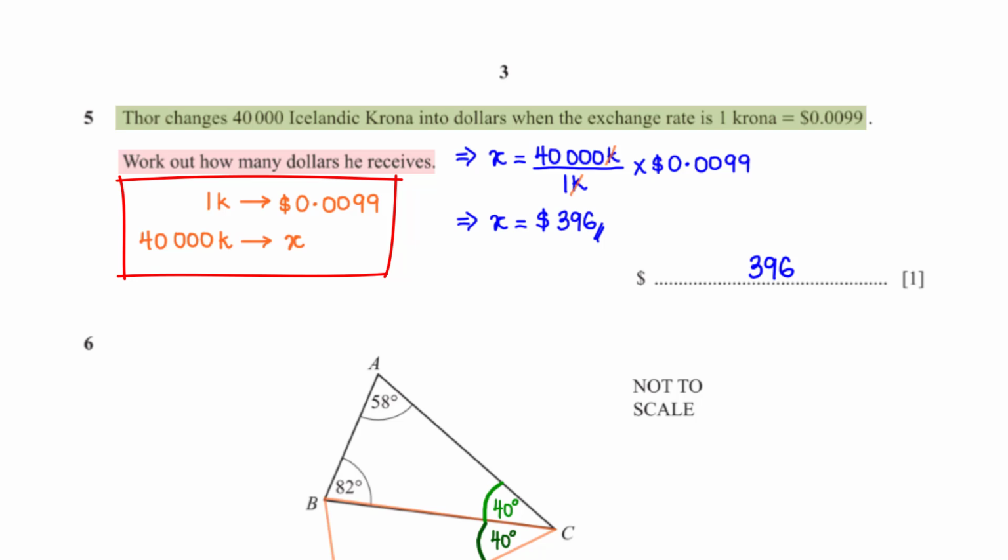This is what we are representing as x. From this ratio, we can set up an equation to find x. This gives us x equals 40,000 krona divided by 1 krona times $0.0099. When we type this into the calculator, we get $396.